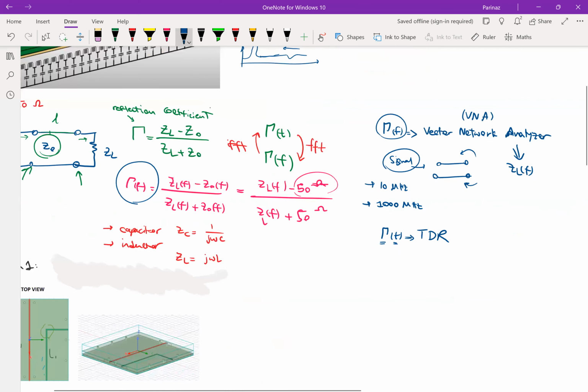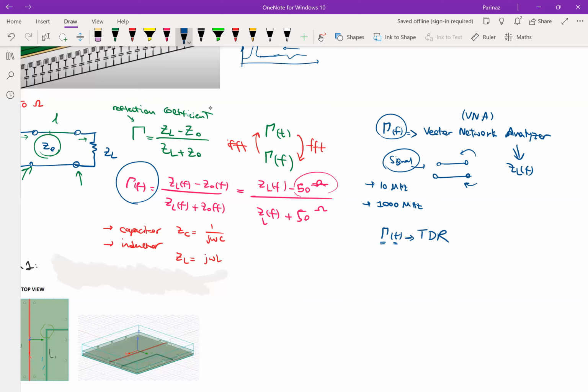But remember, the time domain reflectometer is what helps us measure the reflection coefficient or look at reflected signals in the time domain. Conceptually, it's easier because you can imagine you're the signal traveling through time, and time is a concept that is more tangible for us, rather than frequency.